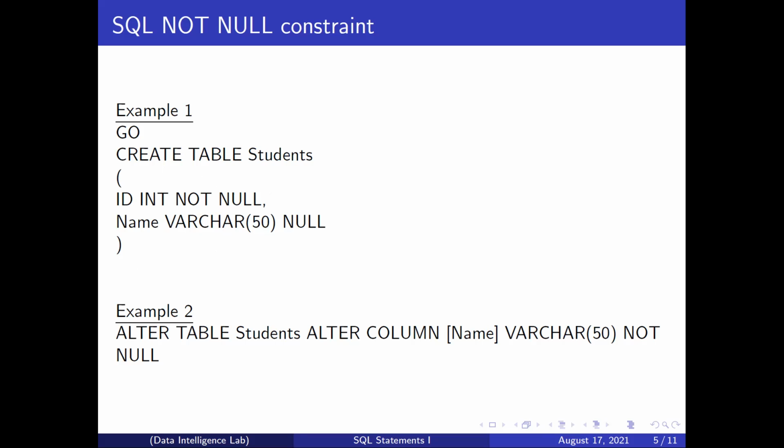So if a record is to be inserted and there's no value for that column, the insert will not go through. So when collecting data, sometimes you can define these columns and it will also reflect at the point of data entry.